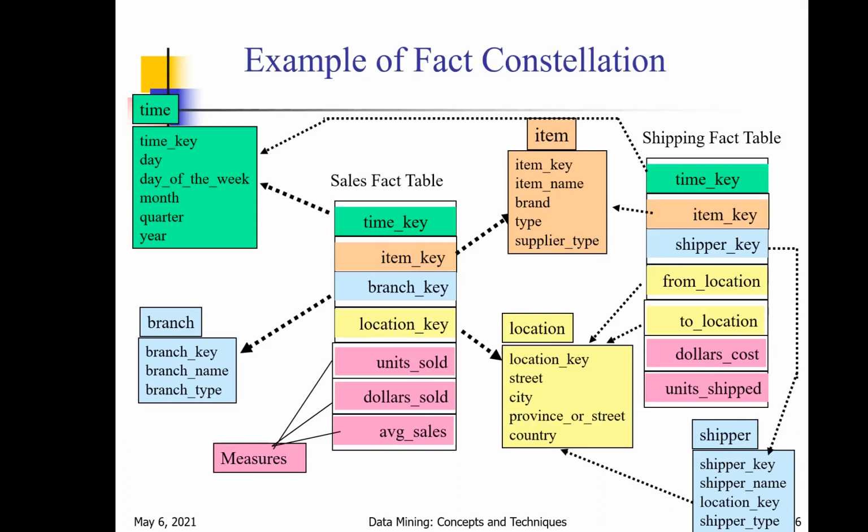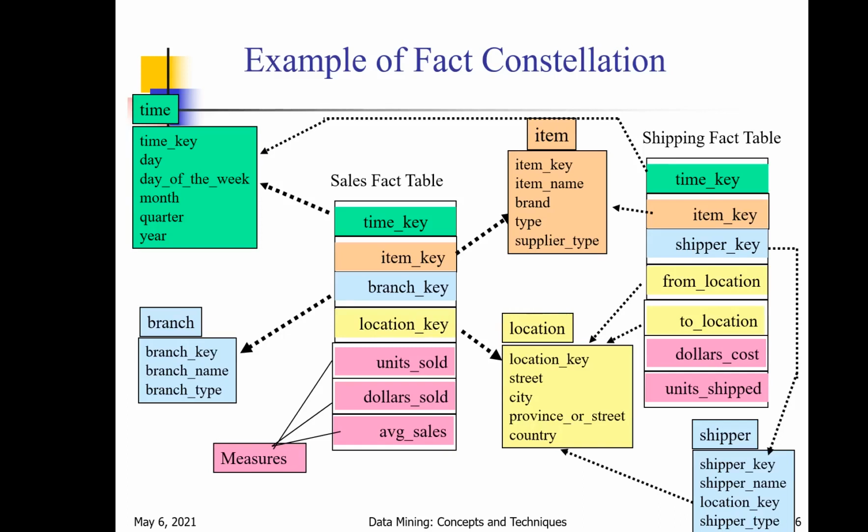So it looks like a collection of stars. The sales fact table is surrounded by some dimension tables and looks like a star, and the shipping fact table surrounded by some dimension tables also looks like a star. This collection of stars is nothing but the fact constellation schema, also called the galaxy schema.